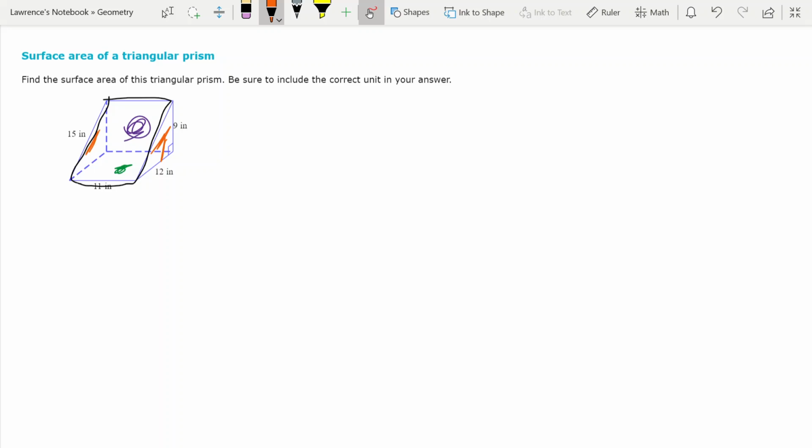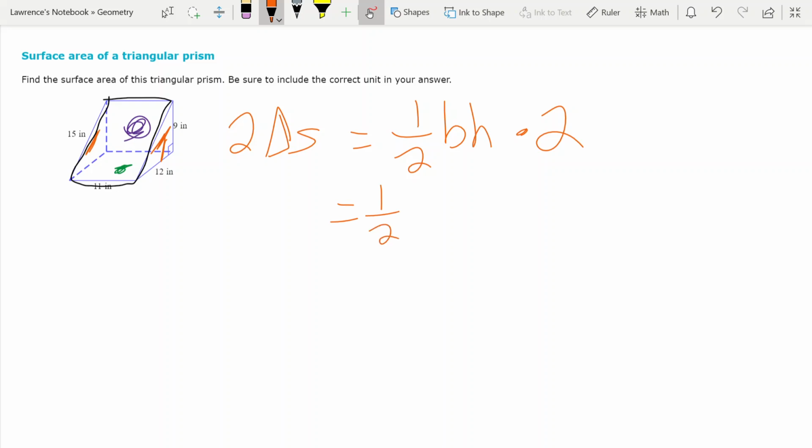Let's talk about those 2 triangles here, folks. As you recall, it's 1/2 base times height. But there are 2 of them, so times 2. The base is 12, excuse me, and the height is 9.